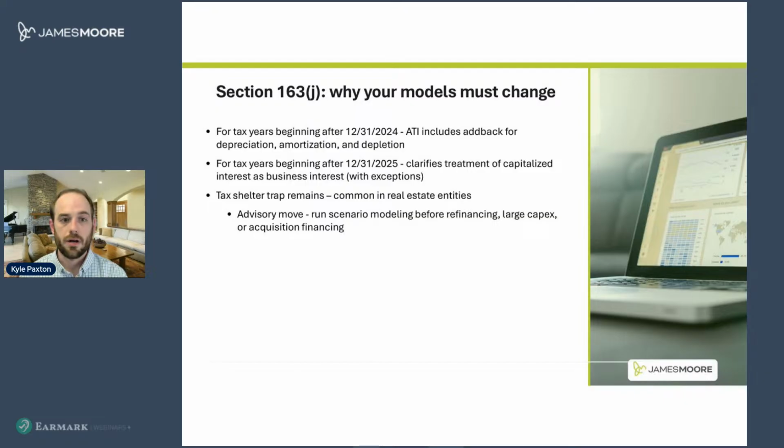If you're considered a large taxpayer and don't meet the small taxpayer exemption, or the big catch that gets real estate is the tax shelter rules, your interest is potentially subject to limitation. So talking about the tax shelter component for a minute, this is a big one. We work with a lot of real estate investment funds of shapes and sizes, right?